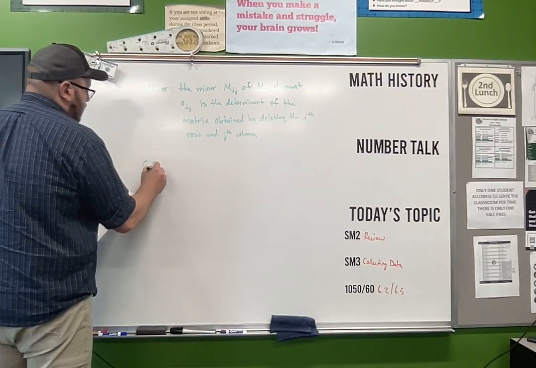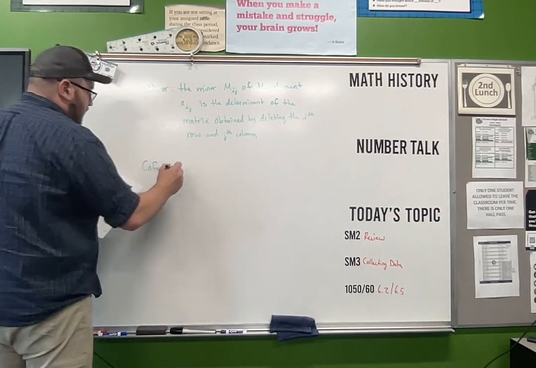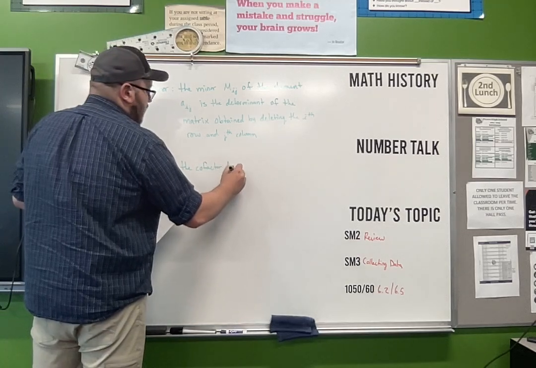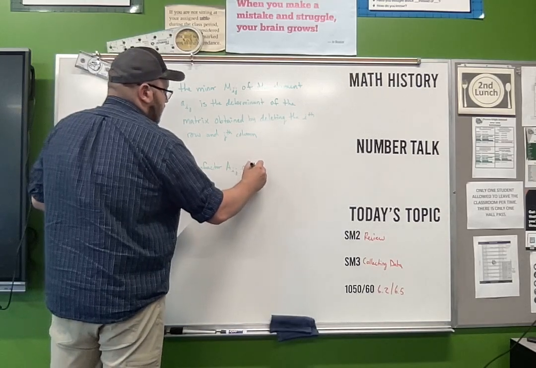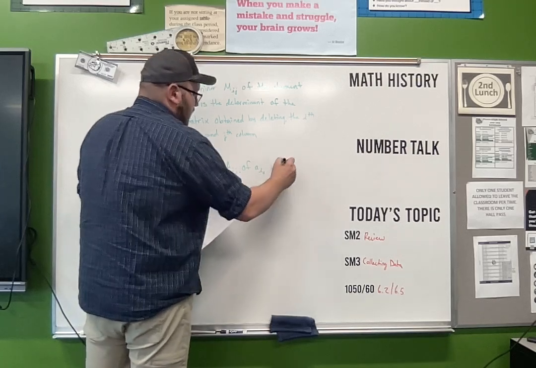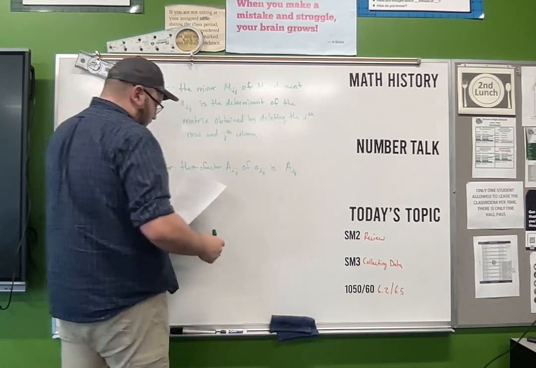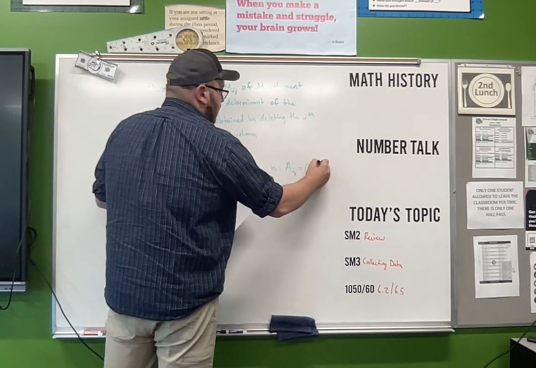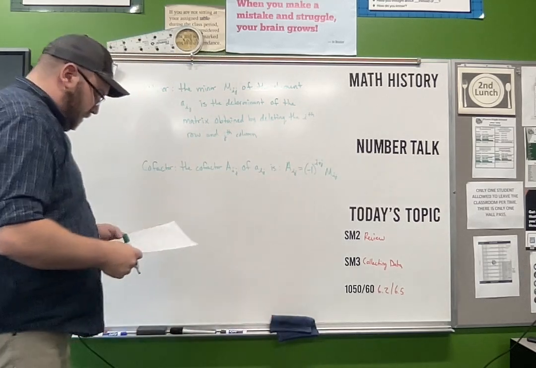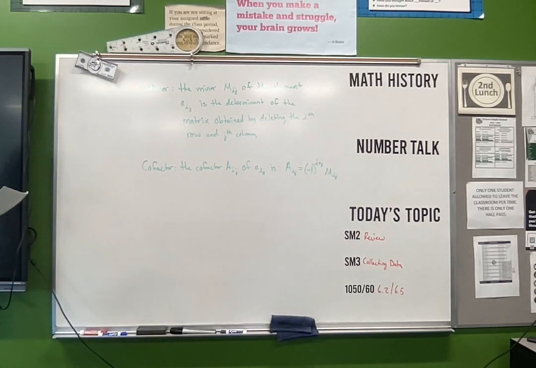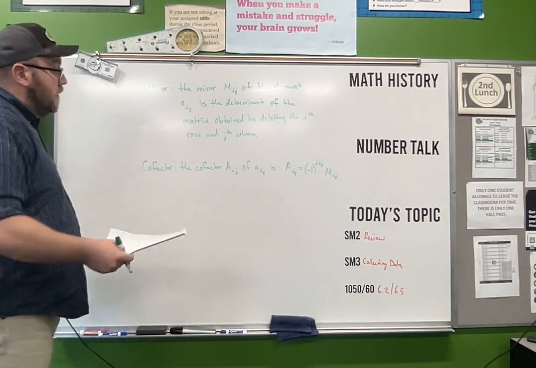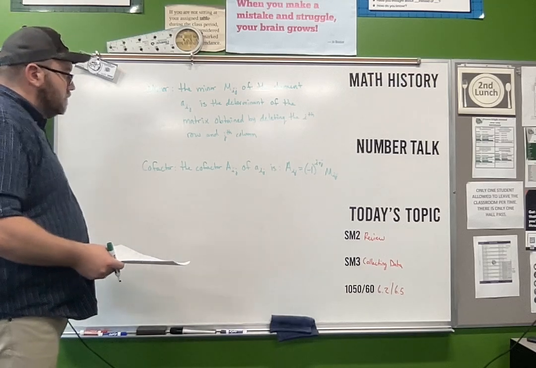Cofactor. The cofactor capital A sub ij of little a sub ij equals negative 1 to the i plus j power times the minor M sub ij.